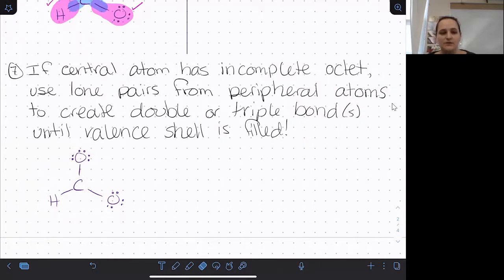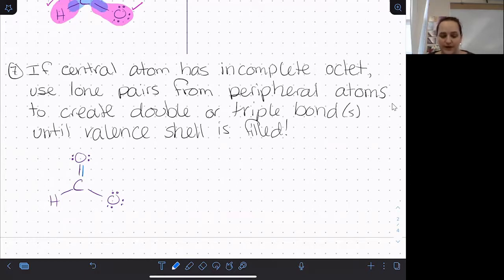That's going to fill the valence shells of multiple atoms at once with those electrons, so that is going to help us out here. So what we can do is take a pair of electrons that were non-bonding electrons on a peripheral atom and use those to create a double bond from that peripheral atom to your central atom.